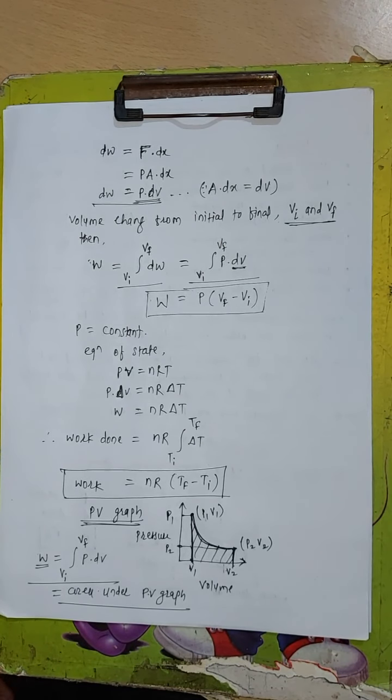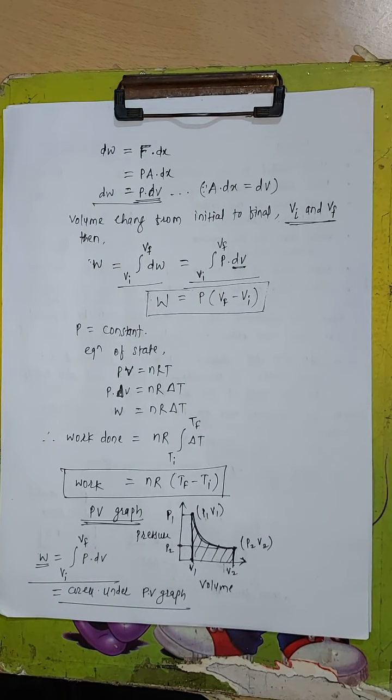Okay, so basically we conclude from these equations that work done is a path dependent quantity. Second conclusion: if volume is constant in a particular thermodynamic process, then work done is 0.